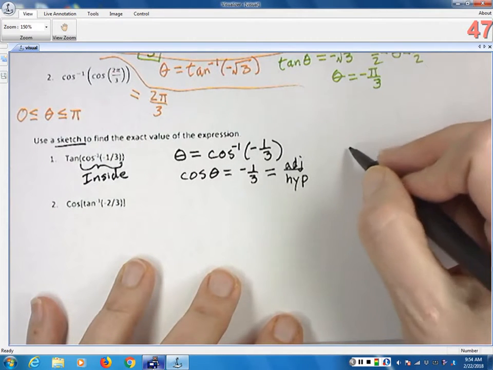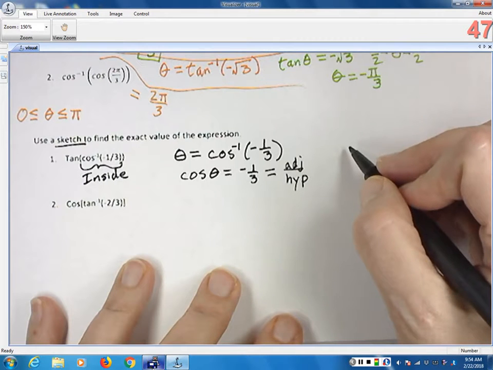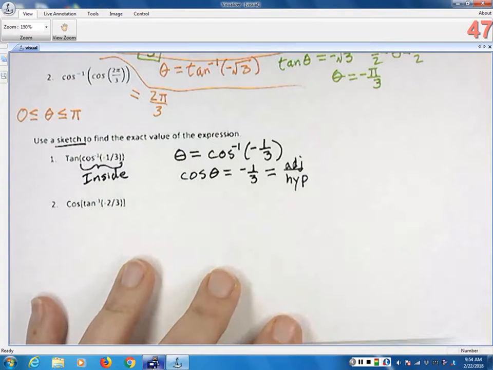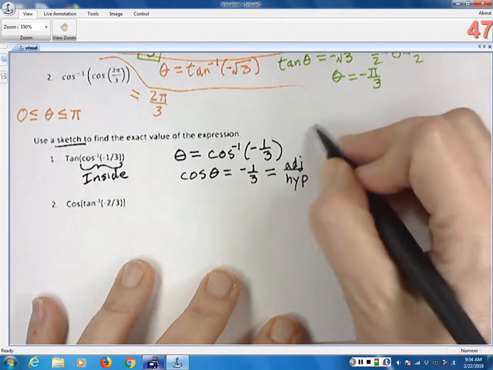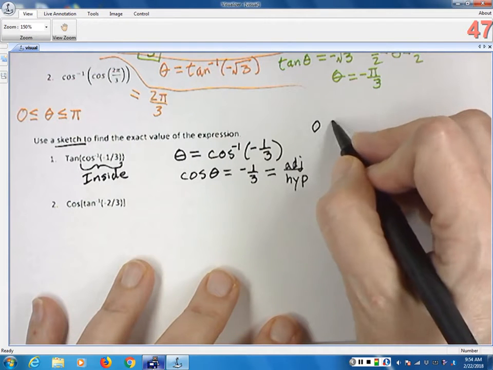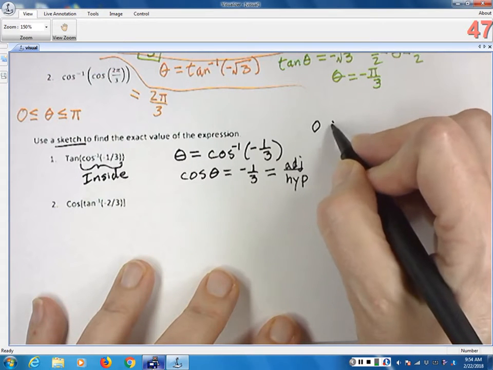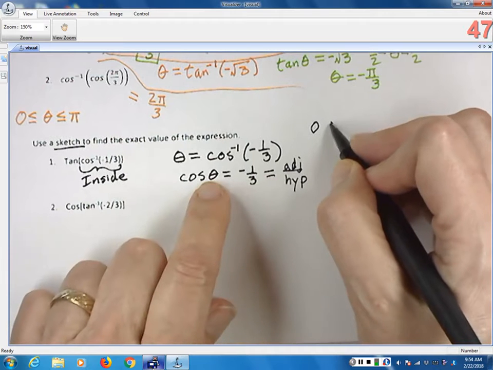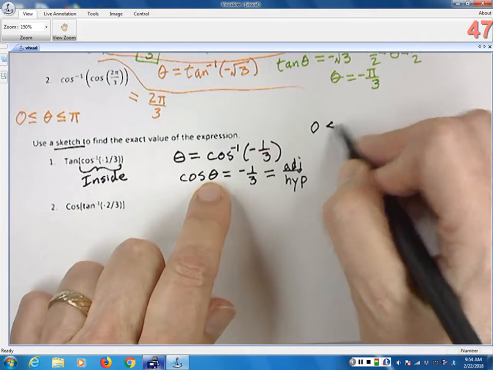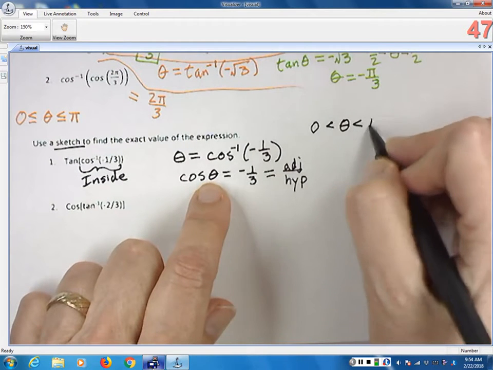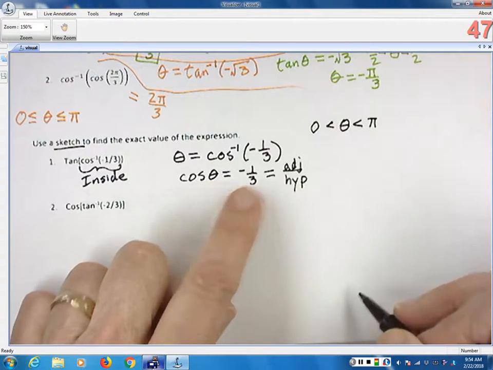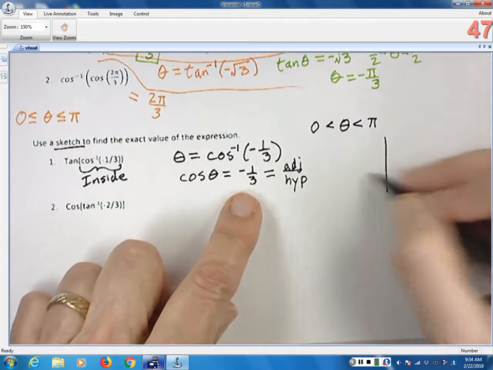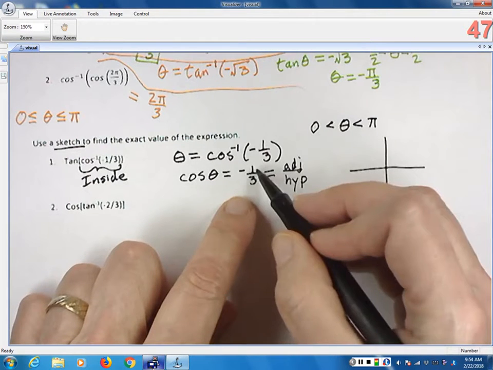Okay, so we're going to draw a right triangle. Now cosine has to be between 0 and pi, that's the restriction. So we have to draw our triangle to make cosine negative 1/3.